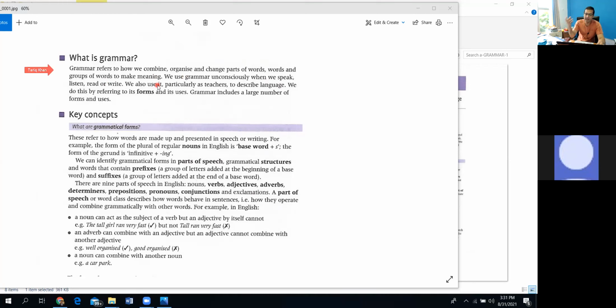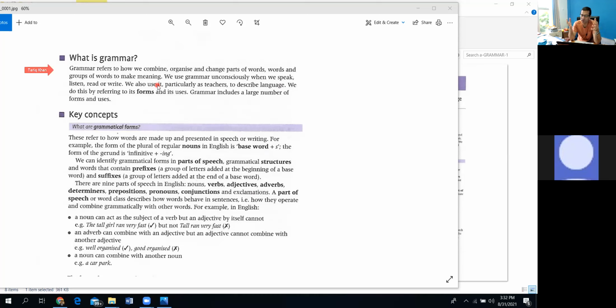We are making meaning through grammar. How? Grammar we use in different ways, and we recognize in that how to combine or organize words or parts of it. Okay, and ultimately, what for are we doing it? We are conveying the message, the meaning, to others.